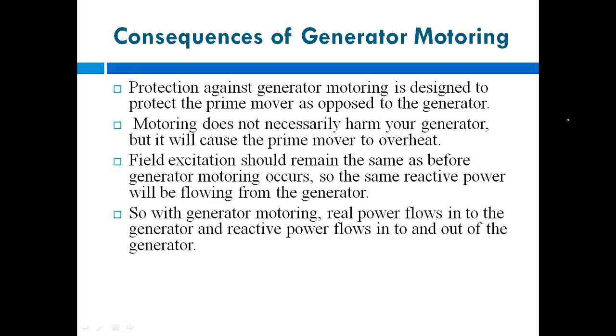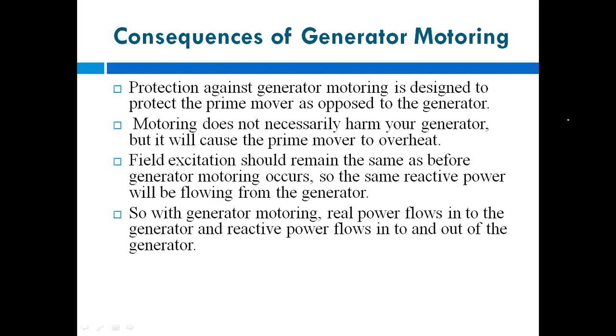That's why, when motoring occurs, before that we have to keep the field excitation the same. So with generator motoring, real power flows into the generator and reactive power flows into and out of the generator. When we keep the field excitation constant, what happens?